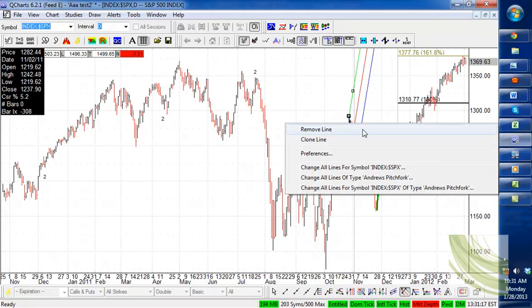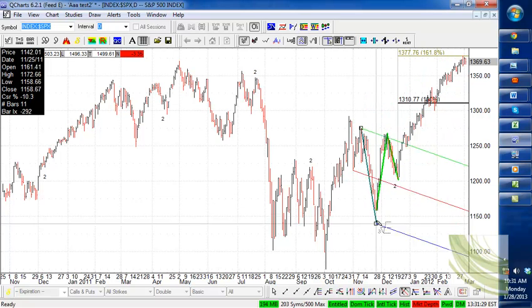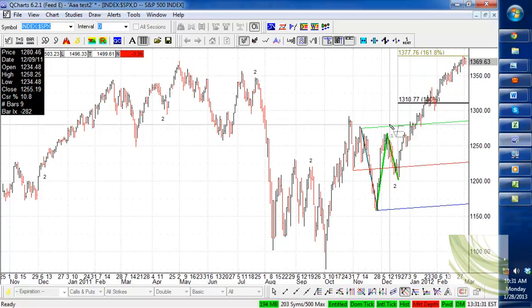Getting ahead of myself here. Okay. So what we're going to look for is this ABC. Let's scratch what I just said. Okay. What you're going to look for is a zoom to the 1. Okay. And then a retrace back, and then further in the original direction.